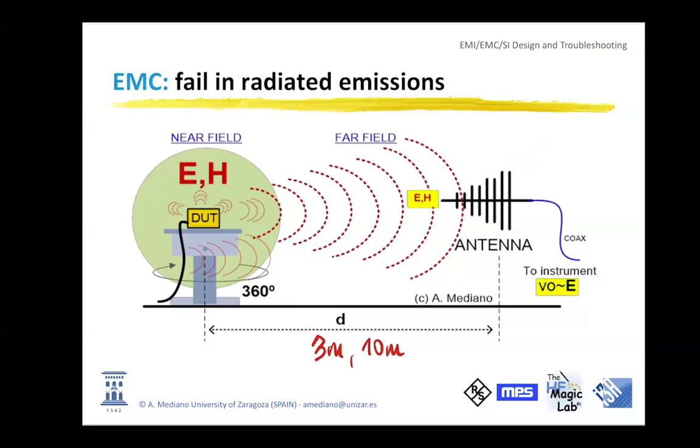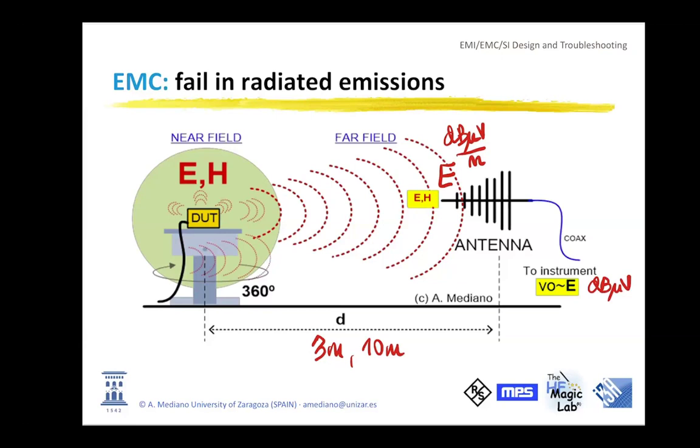And this electric field, that usually we can represent in dB microvolts per meter or something like that, electric field units, is converted to microvolts or dB microvolts, that is voltage, at the output of the antenna. And then the signal goes to the receiver instrument. This conversion can be calibrated, can be measured, and creates what we call the transducer factor of the antenna, or the antenna factor.